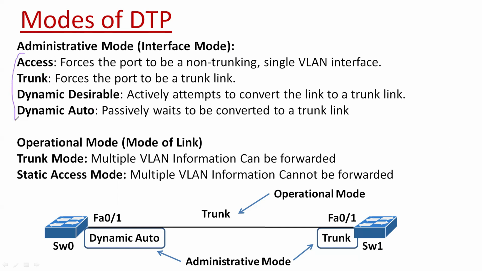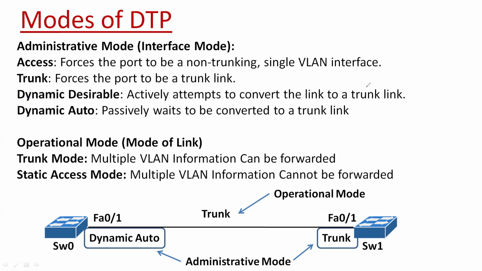So there are four modes: dynamic auto, dynamic desirable, trunk, and access. Dynamic desirable and trunk modes actively negotiate with DTP, right? They initiate the DTP process basically. Trunk and dynamic desirable initiate the DTP process, and dynamic auto somehow negotiates with these.